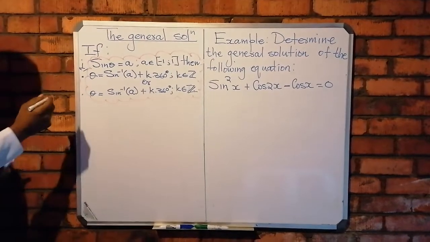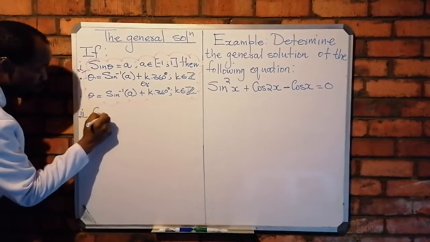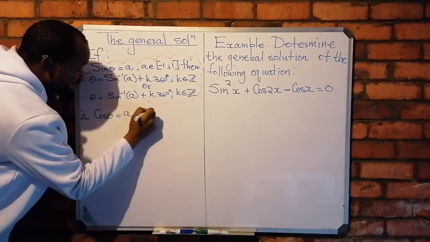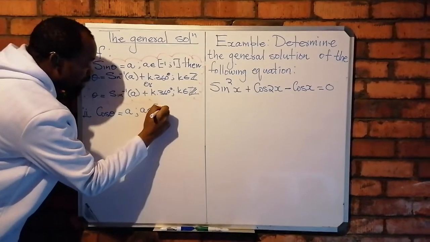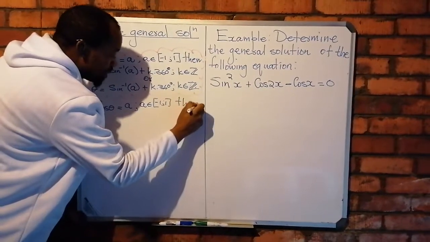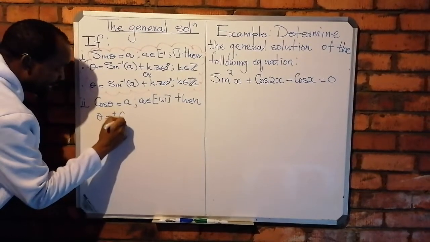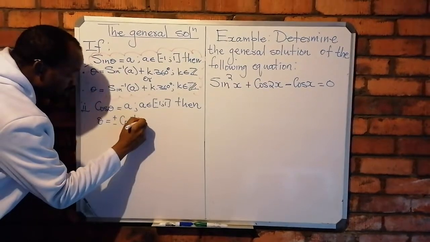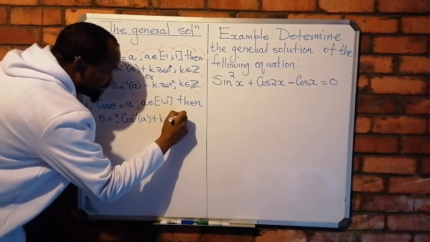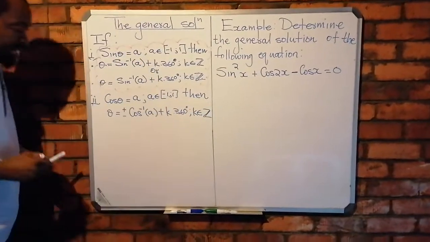If we are not dealing with sine theta and we are dealing with cos theta equals a ratio, where the ratio is bounded between -1 and 1 again, then theta is equal to plus or minus arc cos of A plus k multiplied by 360 degrees, where k is an element of integers.